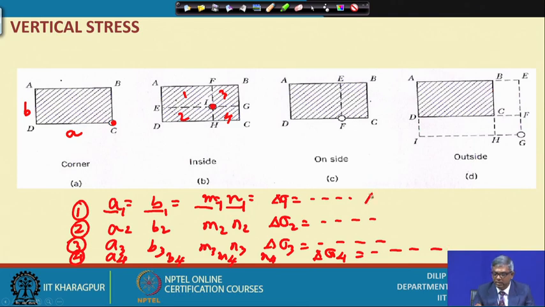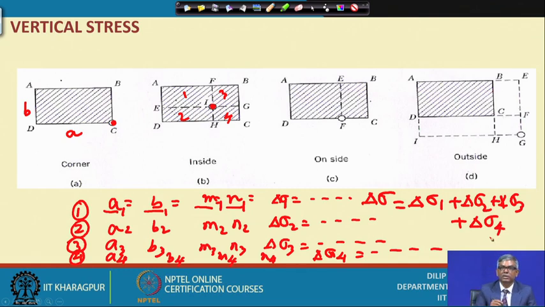Then what will my delta sigma be? Delta sigma will be the effect of all: delta sigma 1 plus delta sigma 2 plus delta sigma 3 plus delta sigma 4.